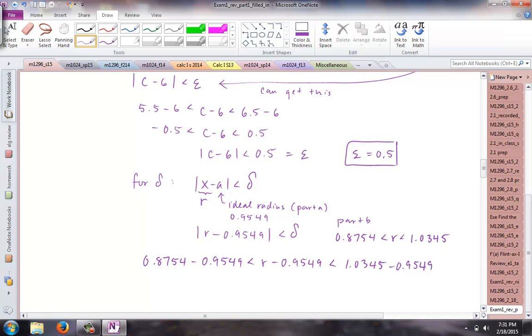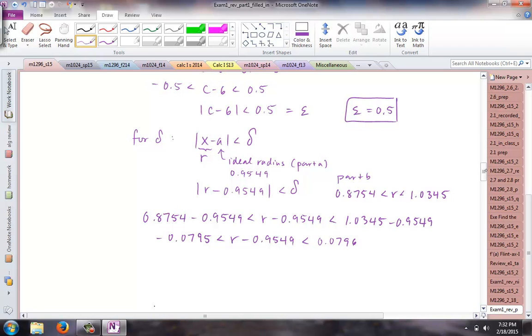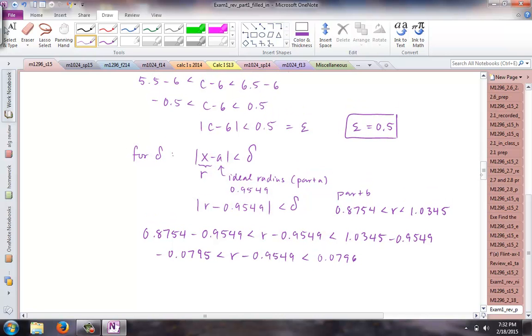And what do we get after we do that? We get, on the left-hand side, negative 0.0795 to 4 places. And on the right-hand side, we get 0.0796. And so, now normally the circumference was a linear function, but because we over-rounded here, there are some rounding issues, so these values are not exactly the same. But in theory, they should be.